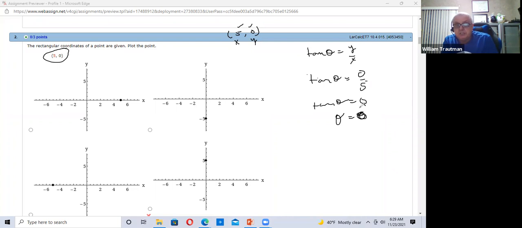Right, tangent of theta equals 0. That's sine over cosine, and that would be at degree 0, or degree pi, 0 or pi, I guess.